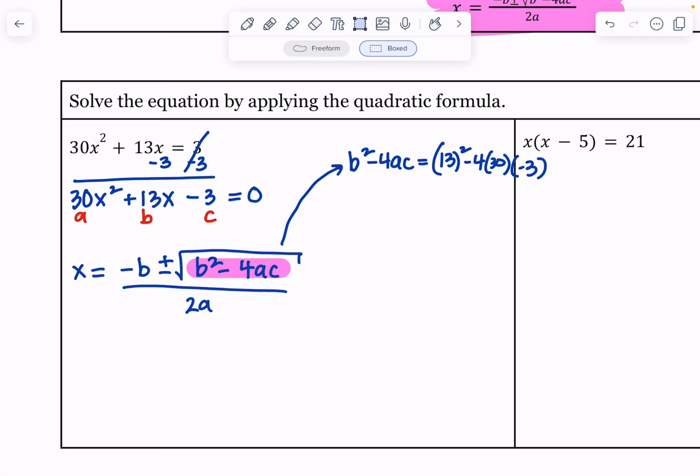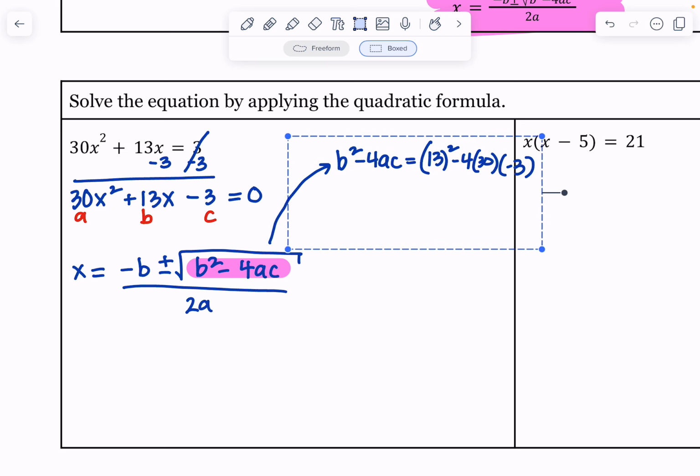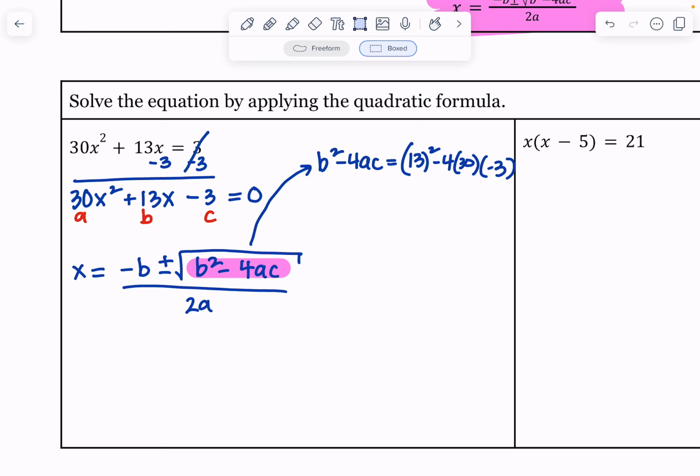Let me shift it over. There we go. And so when I do that, I get 13 squared is 169. And then I have 4 times 30 times 3, and that's going to be plus 360. And that gives me 529.